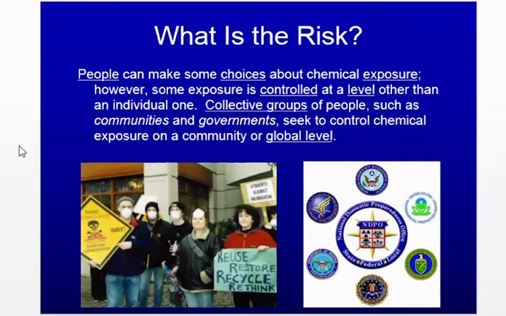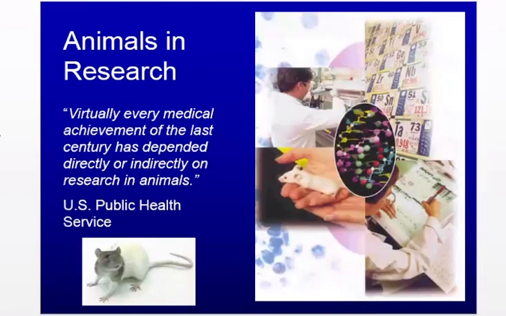However, some exposure is controlled at a level other than the individual one. Collective groups of people, such as communities and governments, seek to control chemical exposure at a community or global level, through organizations, societies, or government agencies that put in measures to control the risk of exposure.